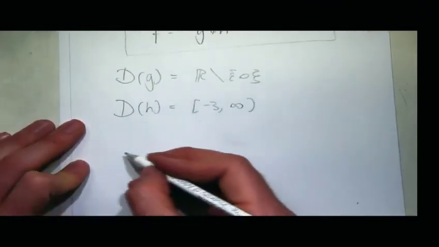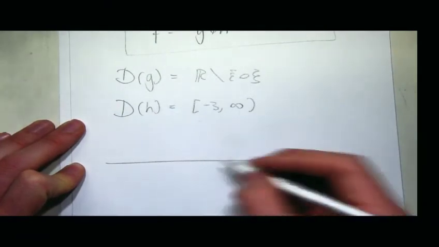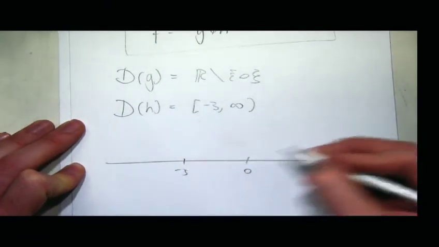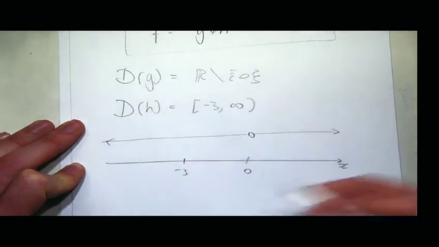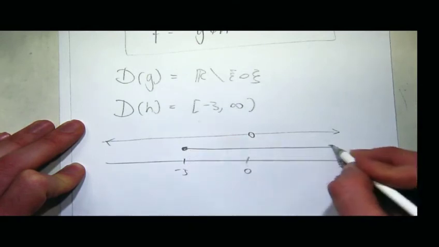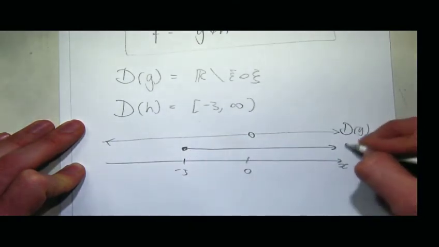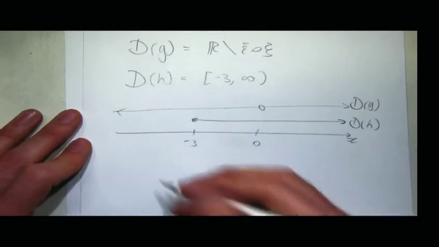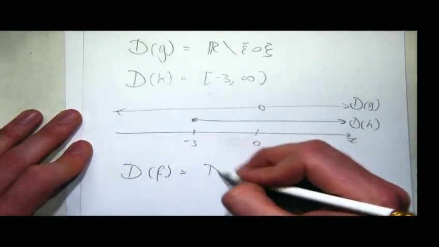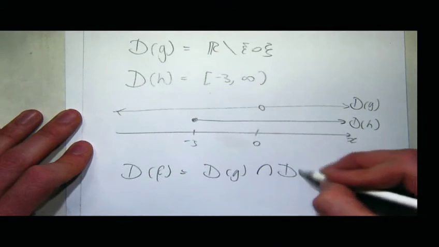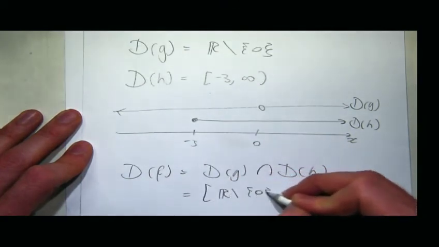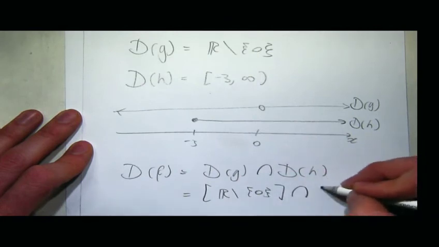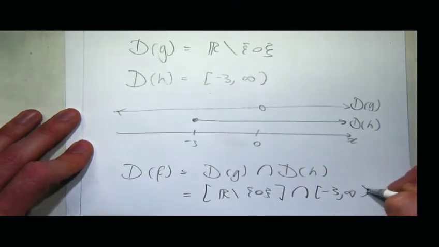And I can draw those two. So there's minus 3, there's 0. This is the domain of g. This is the domain of h. And you could say the domain of f is the domain of g intersection the domain of h, which is R without 0 intersection minus 3 to infinity.